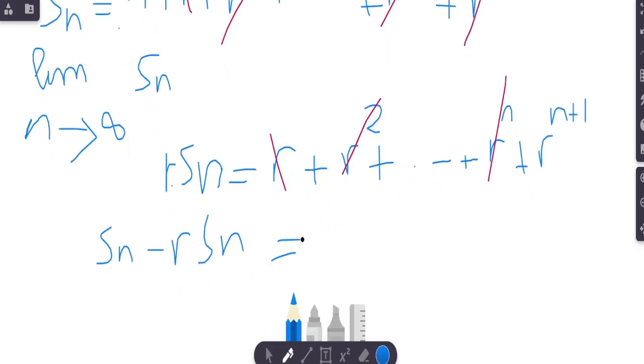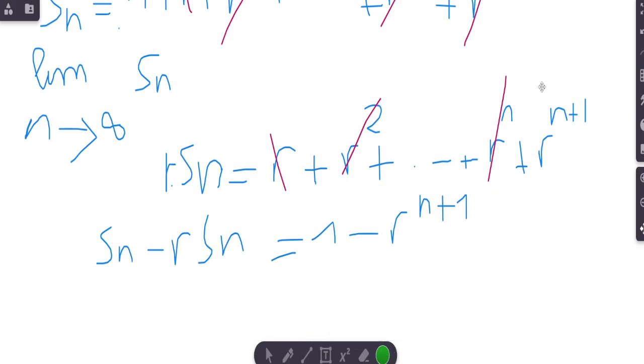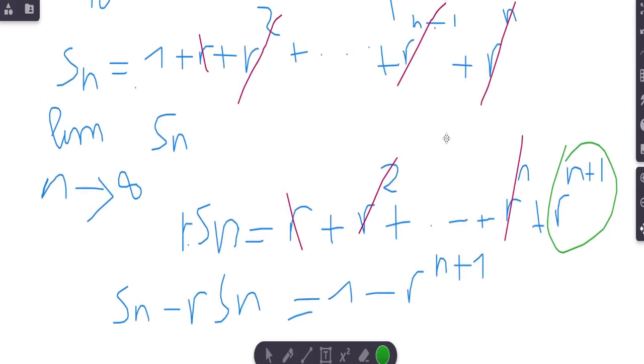So it is 1 minus r to the n plus 1. Okay. So only this term right here and this one are left.